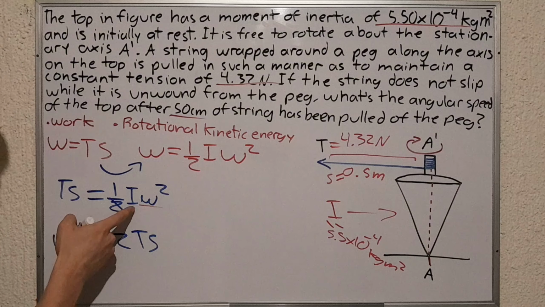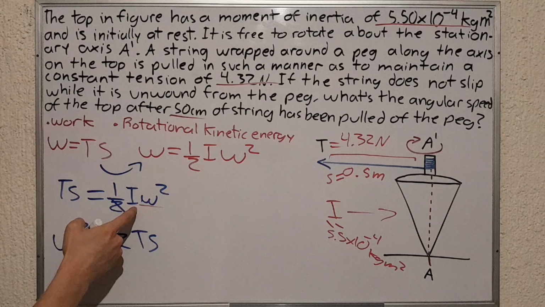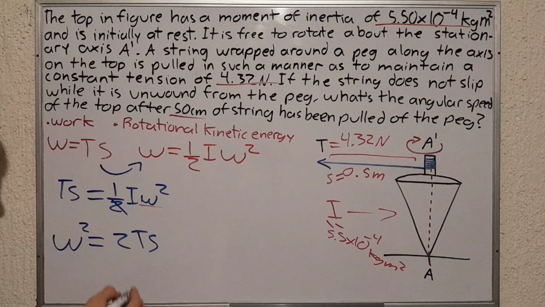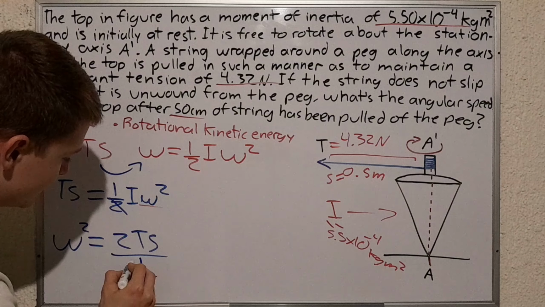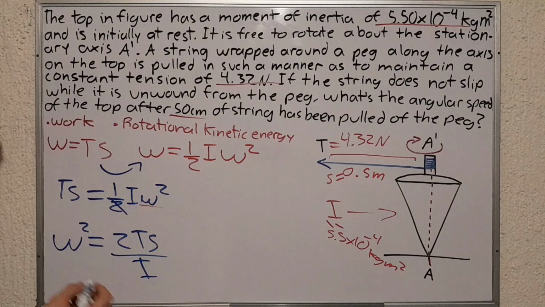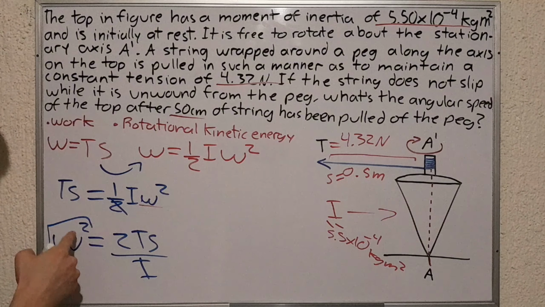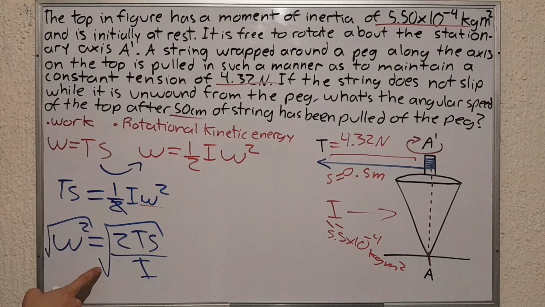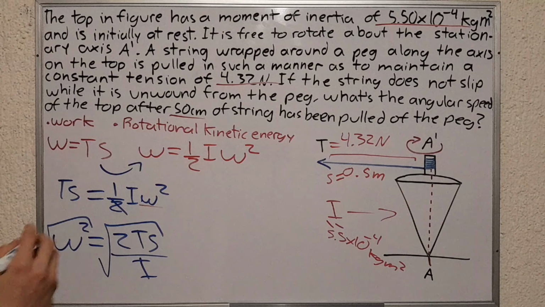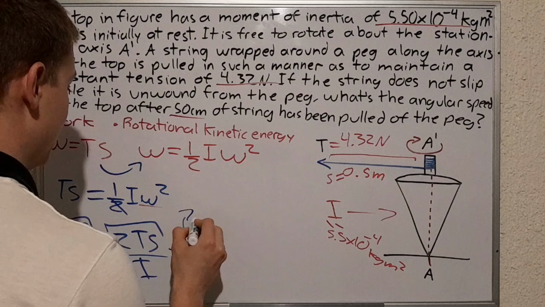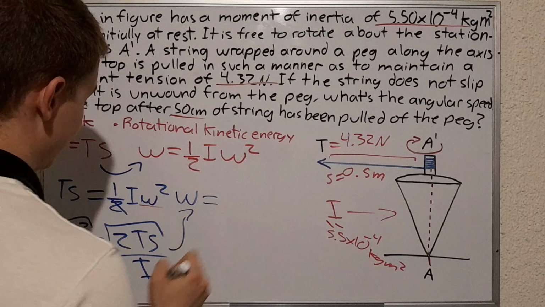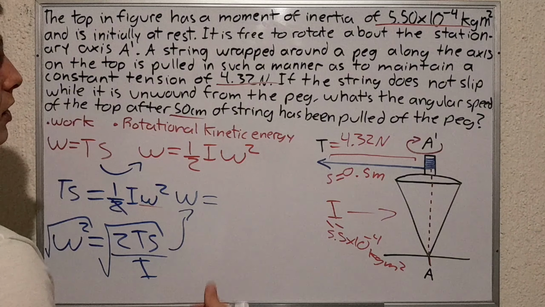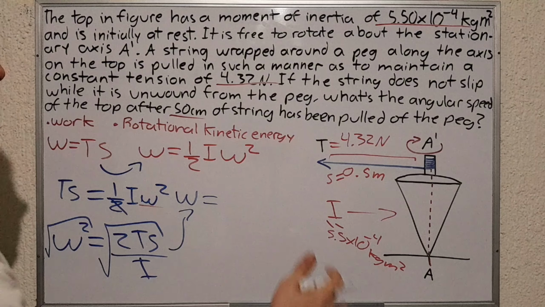Then this term is multiplying W, so it's going to go to the other side, dividing. And to get rid of the square, we're going to put the square root. Now what I just need to do is swap my values and get the exact value, or almost the exact value, of the angular speed.